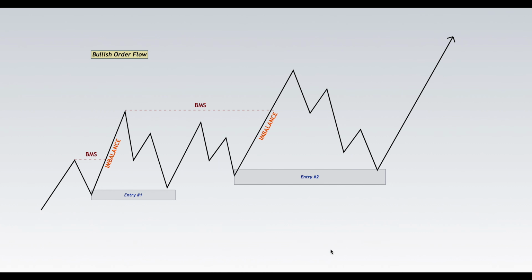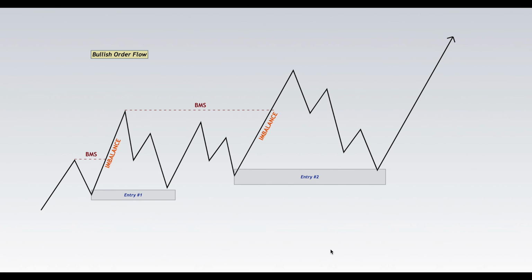I will say that you definitely will get 1 entry opportunity. It's highly likely you'll get a second opportunity. It's less likely to get a third opportunity, but it does come.